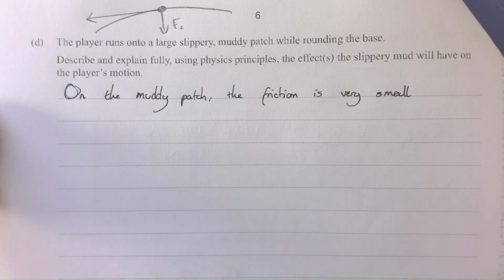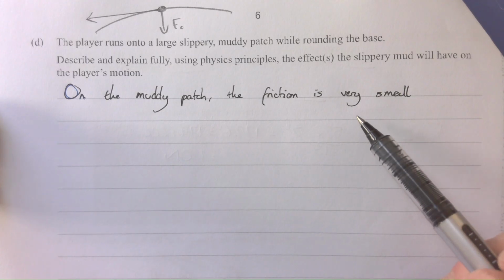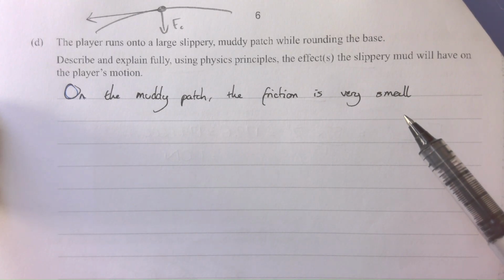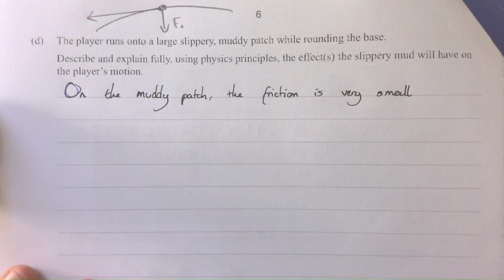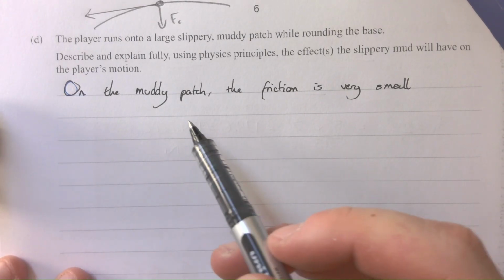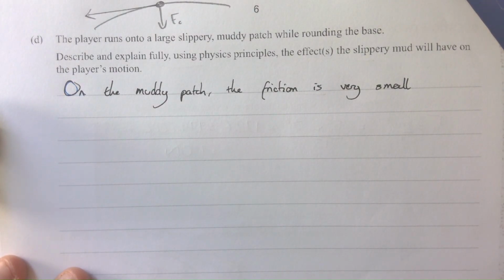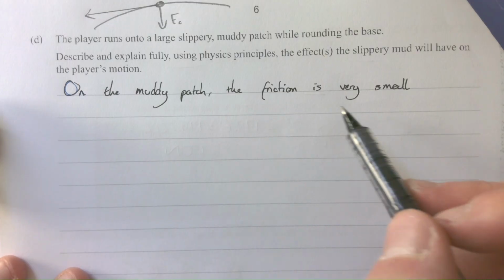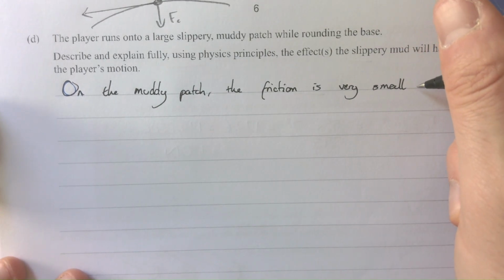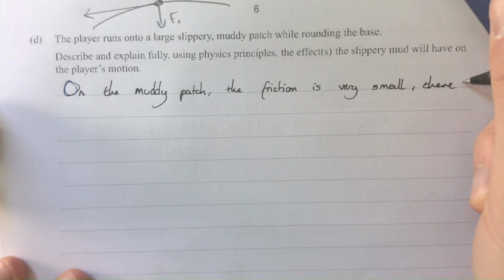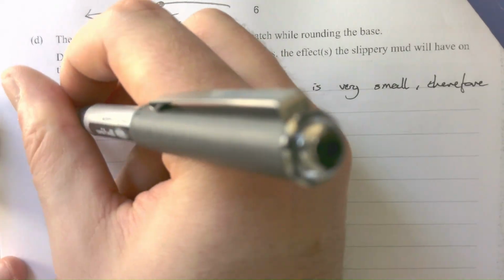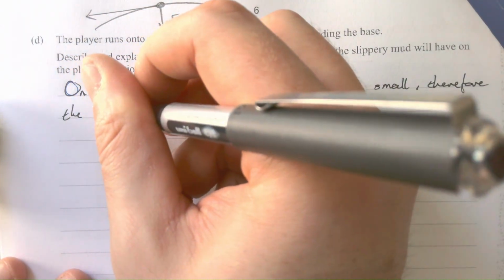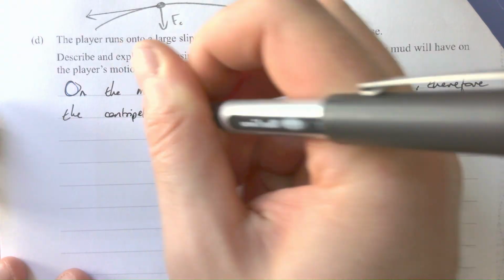This is acceptable. It's not quite true, but there's some minor leeway that you're allowed with your descriptions here, as I'll explain in a sec. On the muddy patch, the friction is very small. Therefore, the centripetal force, which is the friction, is very small.